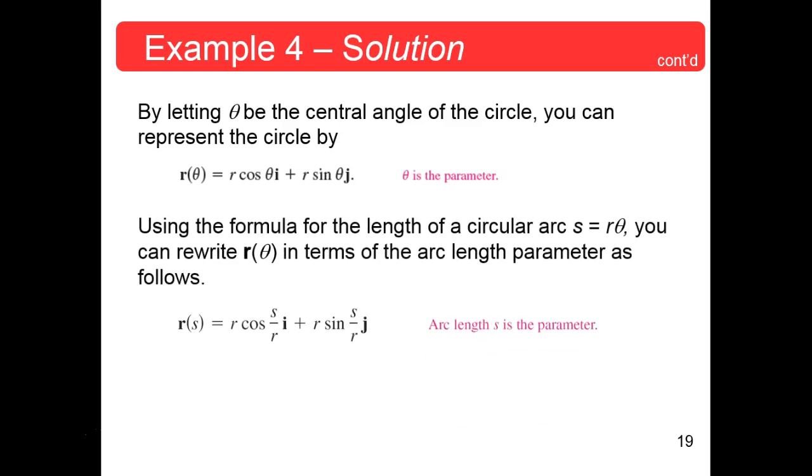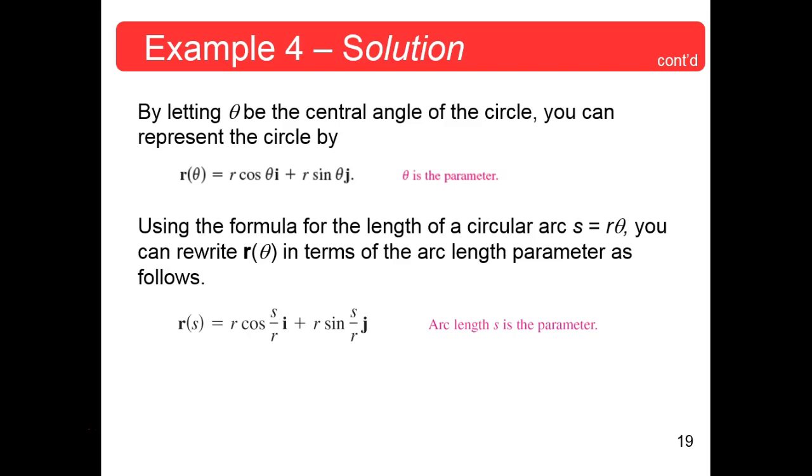Now using the formula for the length of a circular arc, s equals r theta, you can rewrite the vector r of theta in terms of the arc length parameter, because you can write theta equal to s over r. And then everywhere you saw a theta up there, put in s over r here. So the r of s, that's your independent variable.